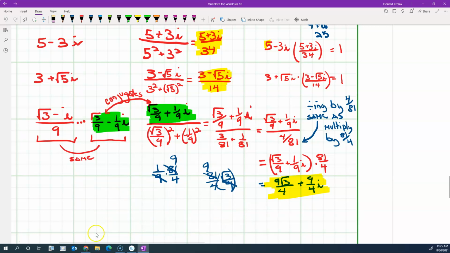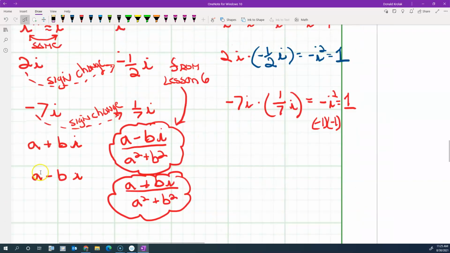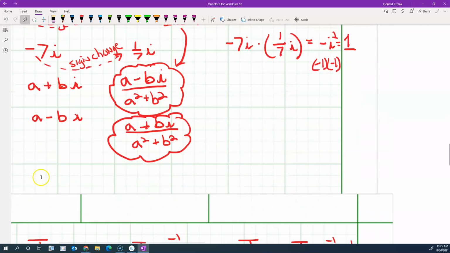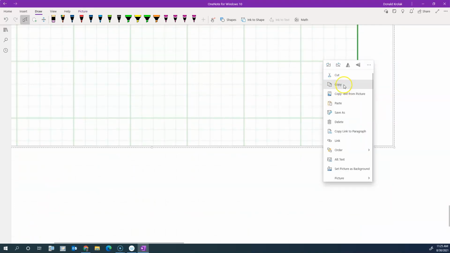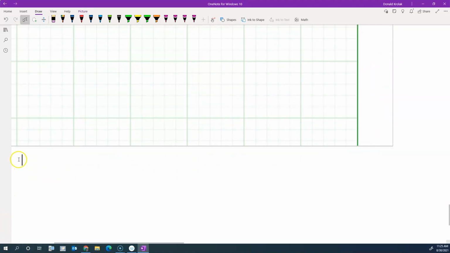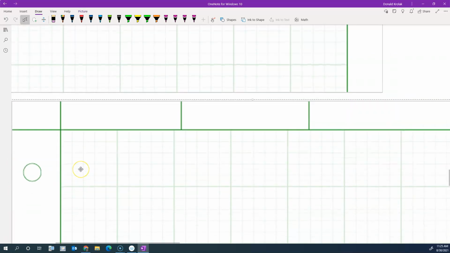So what the assignment is, guys, for this, you're going to need one more page here. So let's copy, paste. On a separate sheet of paper, you don't have to do the homework digitally. You can just do it on a separate sheet of paper.